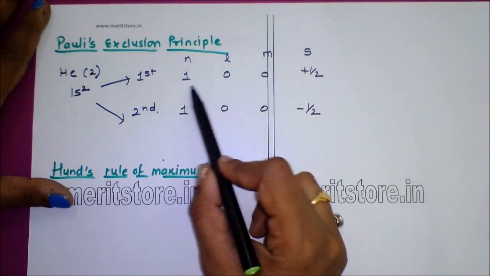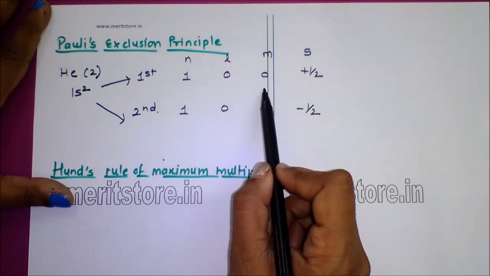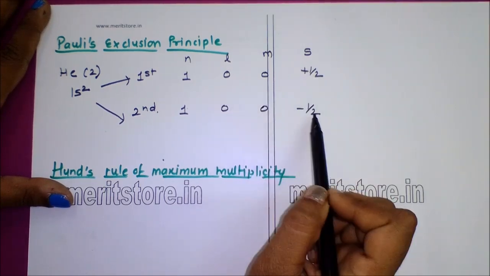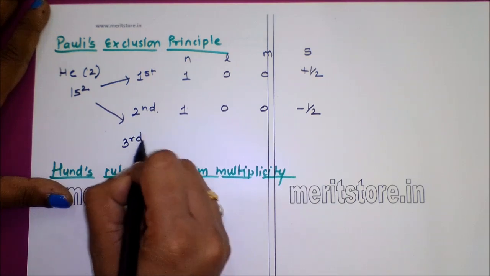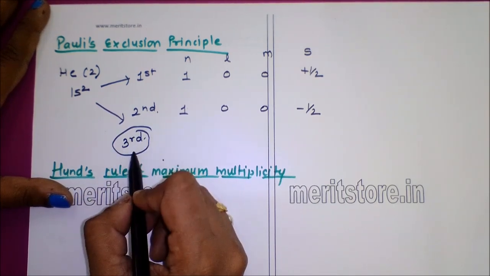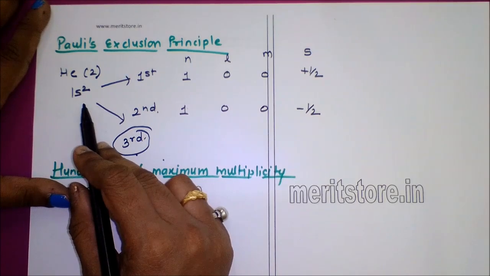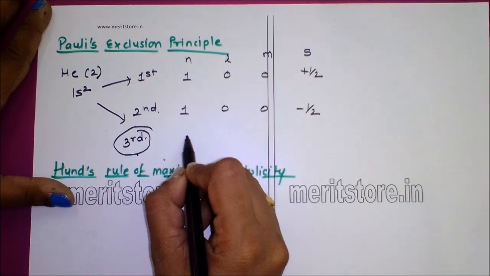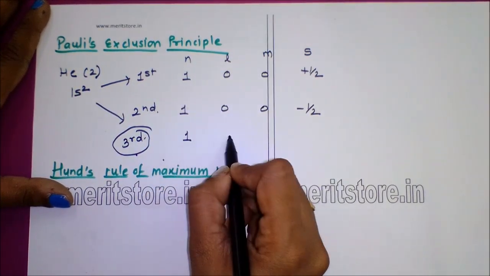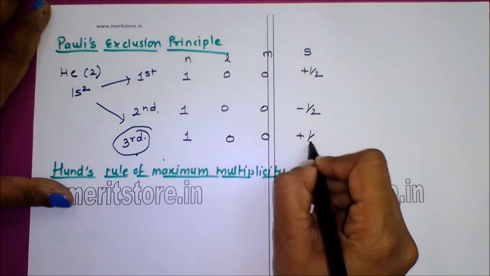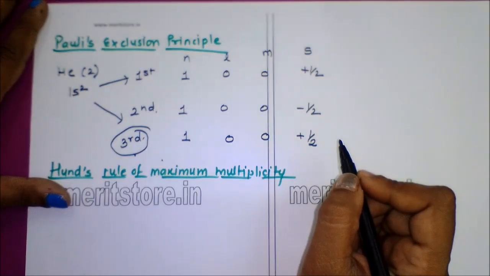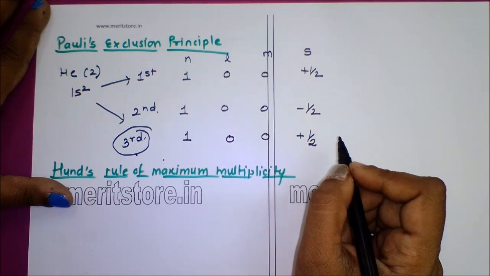So now we can see, though the 3 quantum numbers are matching, the fourth quantum number is different. Suppose helium has a third electron, and if I put that third electron in this 1s only, then it will have n=1, l=0, m=0, and since it is an odd number electron, it can have spin quantum number plus half.